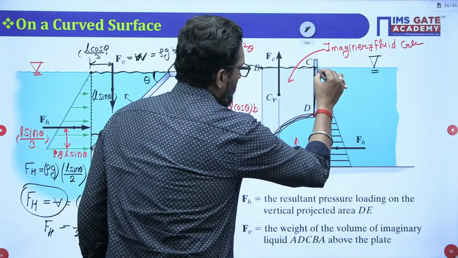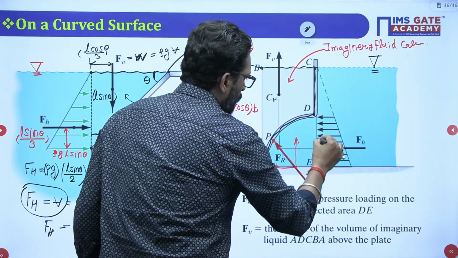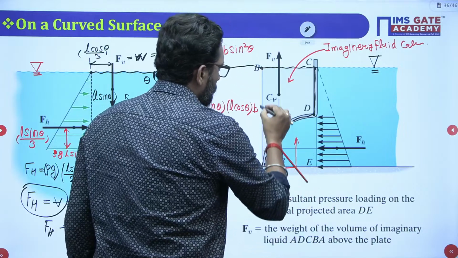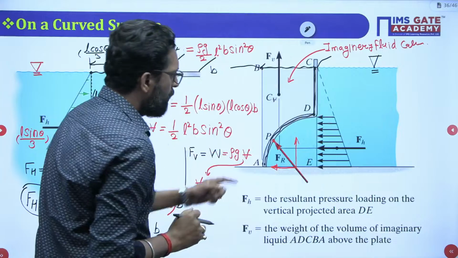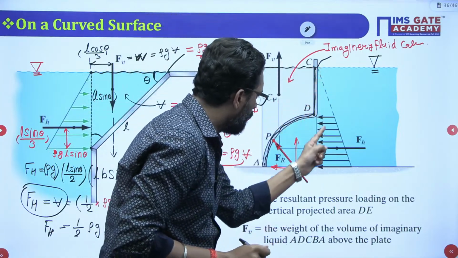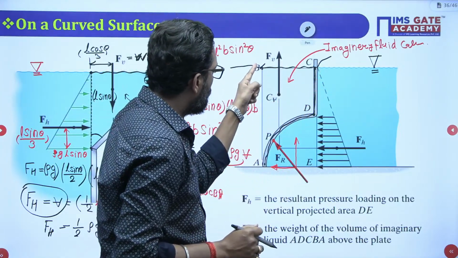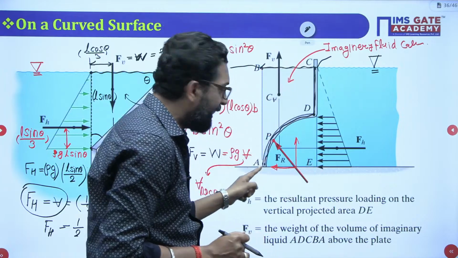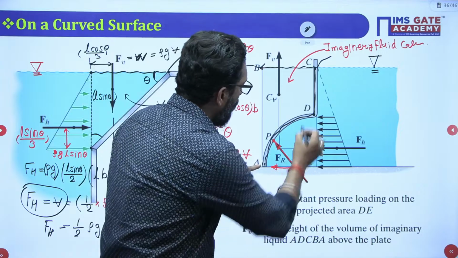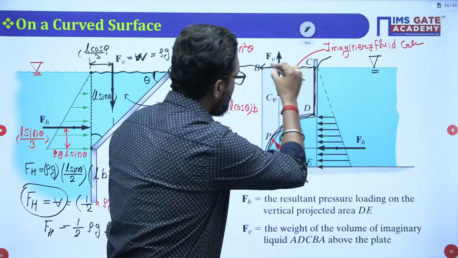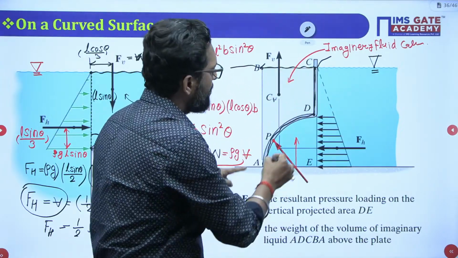You calculate the total volume first. Width is same, all this width is same. So first you have to calculate the total volume, that means the volume of BCEA. How to calculate the volume of BCEA? This height you have, it is given.